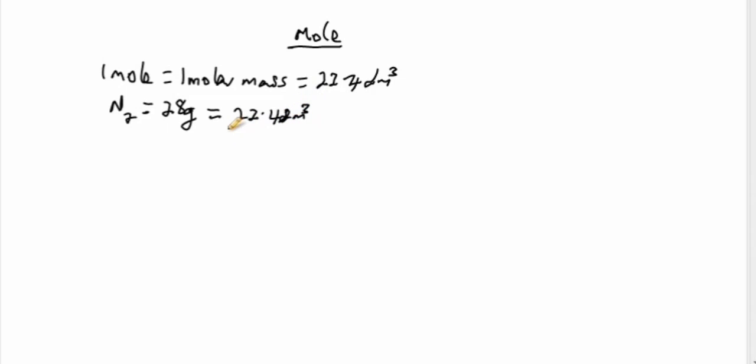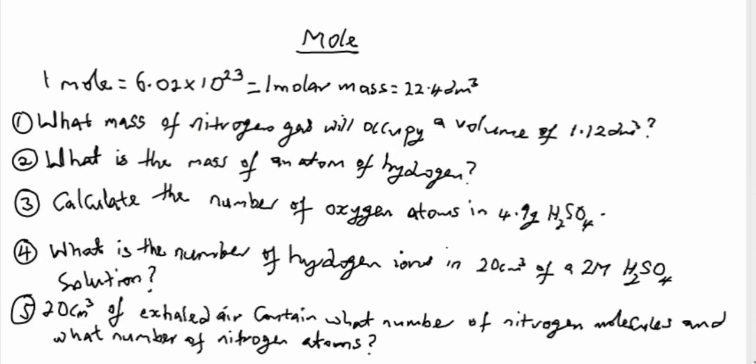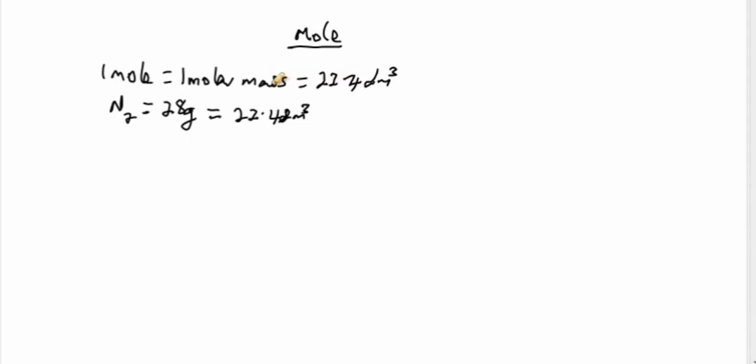So using this value, according to the question, we'll compare this to what we have in the question. If 1 molar mass is 22.4 dm cube, then what mass should equal the volume here? Therefore, if this equals this, then X, the unknown number, should equal a volume of 1.12 dm cube.